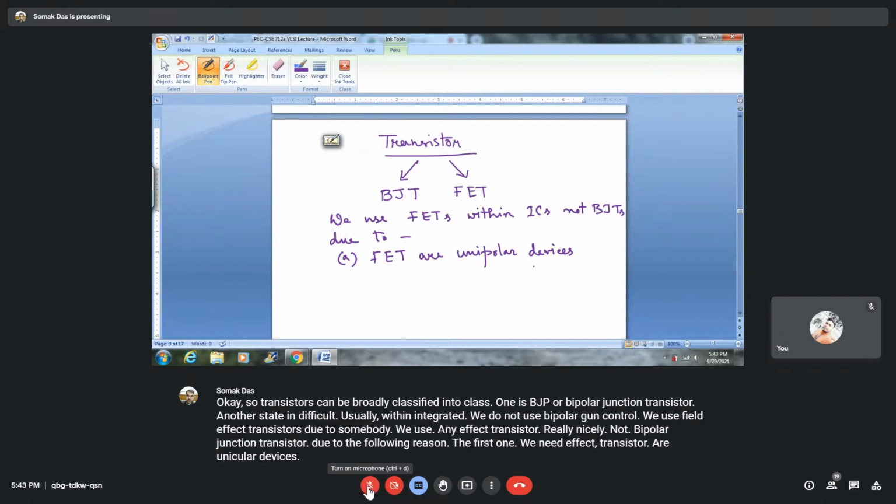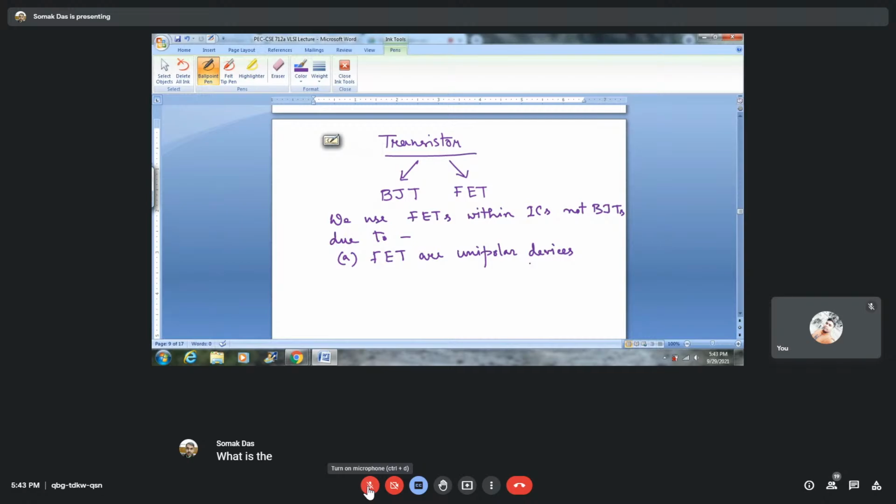So, what is a unipolar device? Here, only majority carriers control its operation.